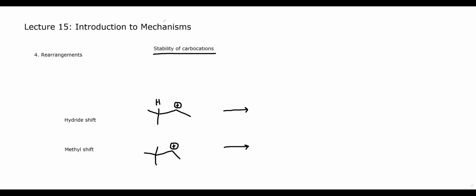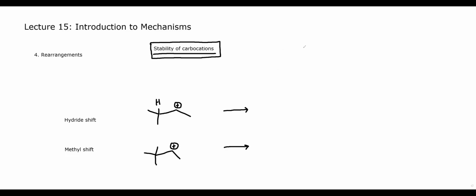So the fourth and final type of mechanistic arrow that we'll have to be familiar with is rearrangements. Okay. Rearrangements. Most of these rearrangements are going to be happening at carbocations. So we're going to discuss something very important, which is the stability of carbocations.